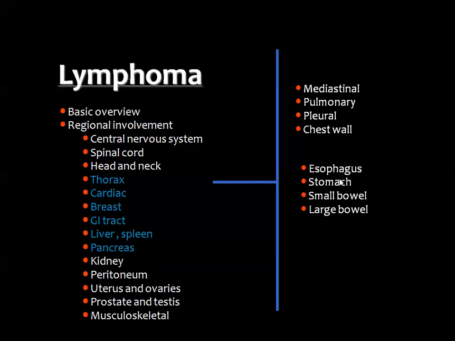Then we will show some cases of hepatic, splenic, and pancreatic lymphomas. Then in the last part of this talk, we will discuss the renal lymphoma, peritoneal disease, gynecologic lymphoma, the prostate and testicular affection, as well as involvement of the musculoskeletal system.